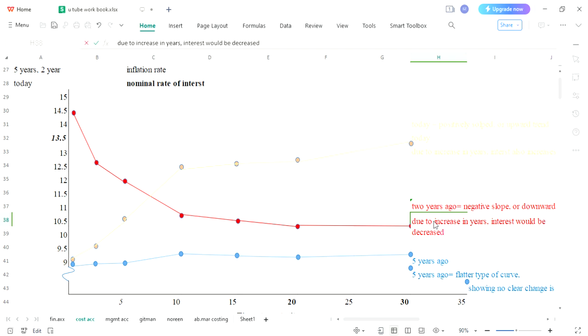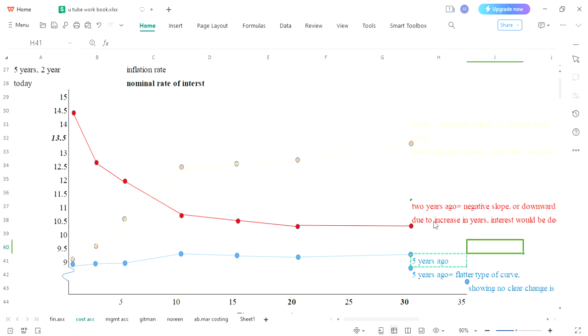Interest would be decreased. So finally we are at the stage to conclude about 5 years, and what conclusion you will make, you can put over here. And your conclusion for blue is what? Let's change it again.